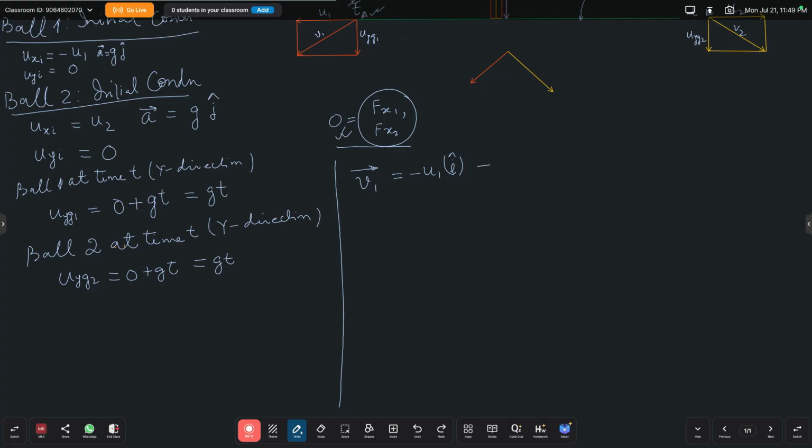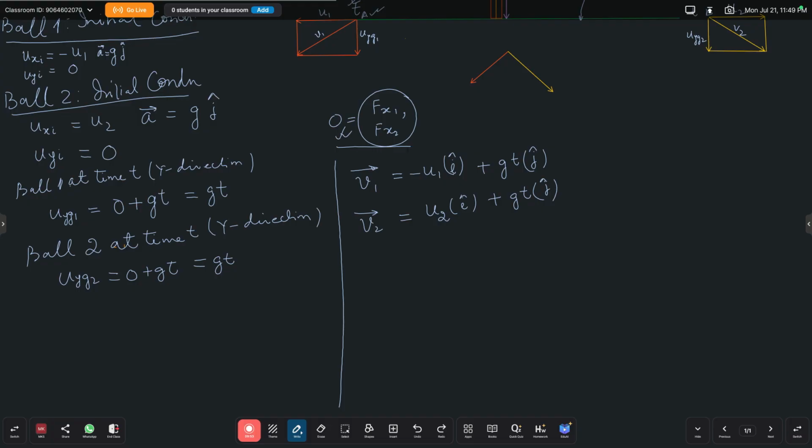In the y direction, it is gt j cap. Similarly for ball 2, u2 in the i direction, meaning the x direction, and gt in the y direction.